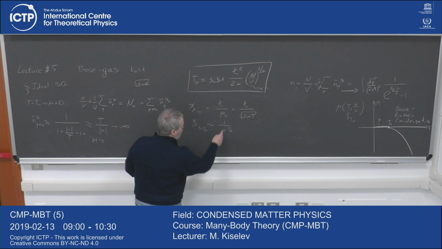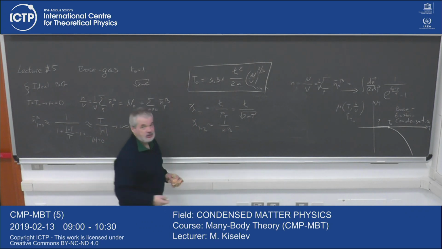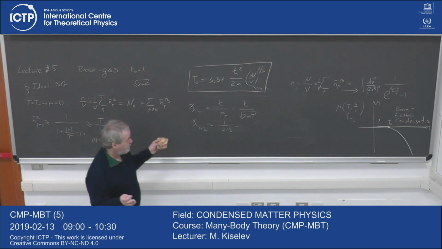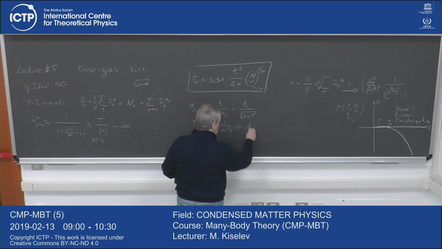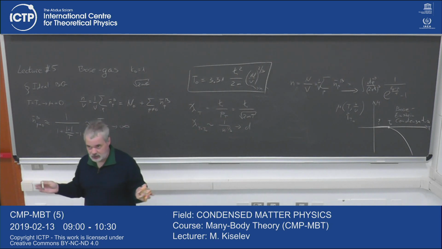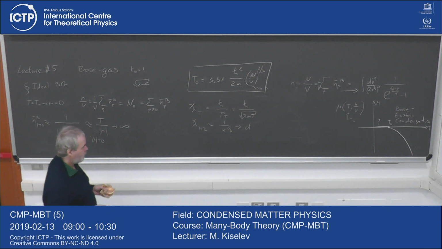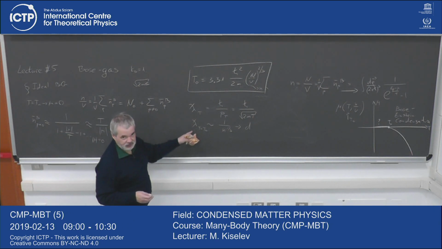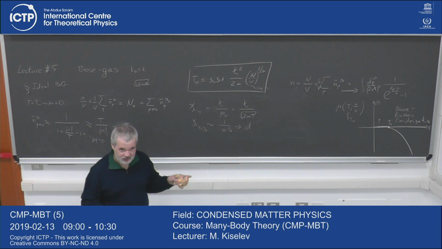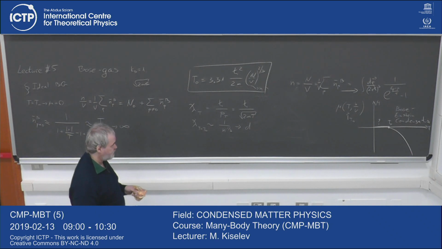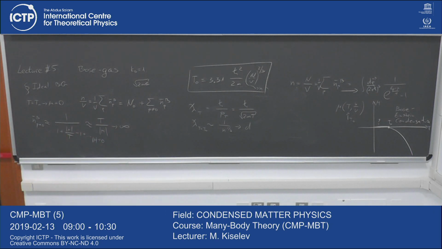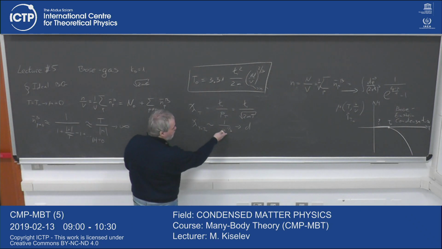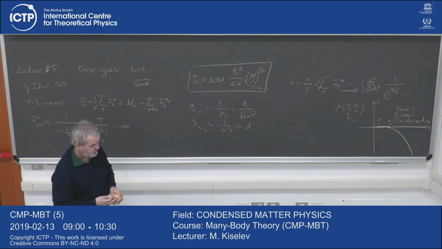Since n is inversely proportional to the volume, it is the distance between particles. So we see, therefore, that at temperature equal to T_0, the de Broglie wavelength becomes comparable with the interatomic distance in our ideal Bose gas. Because this is what the inverse cubic root of the density tells us.